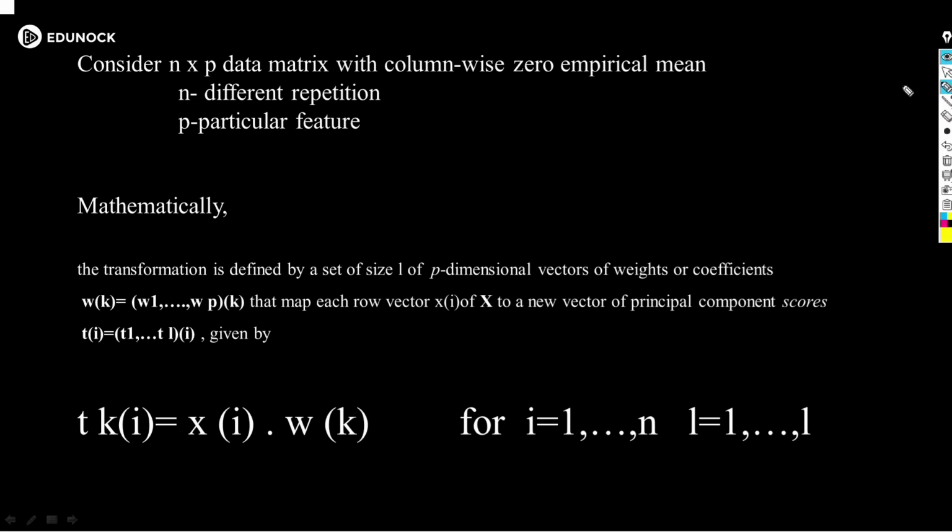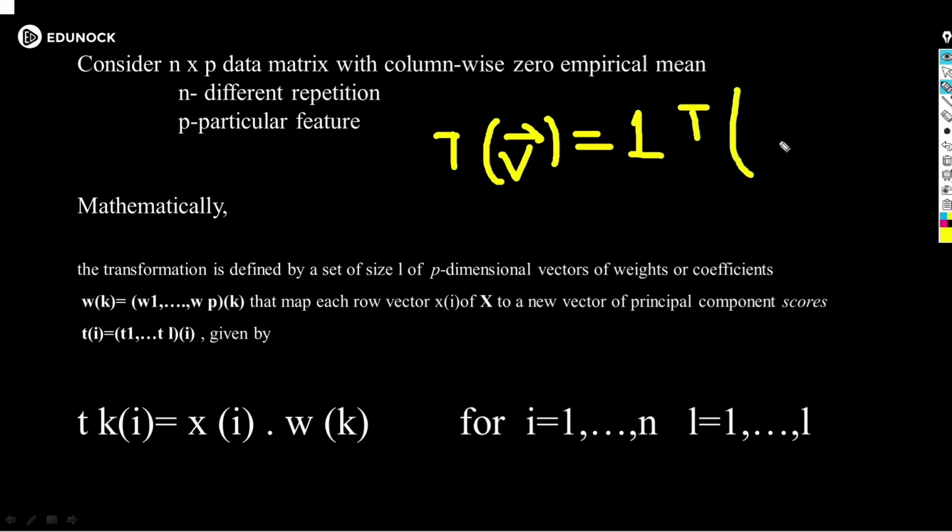Suppose I have a vector with the equation T(v) equals λ times v, which is multiplied by a single value. Why am I obtaining this value? Because this vector originates from the origin and then extends across the x and y axes.